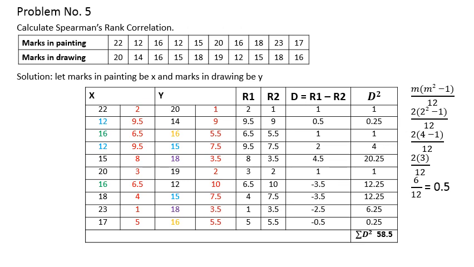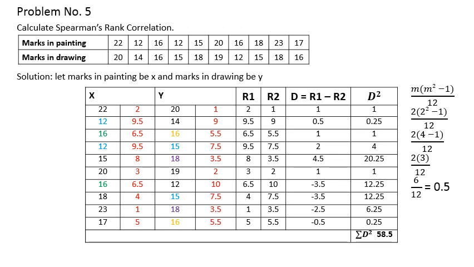First of all you have to define: let marks in painting be x and marks in drawing be y. Then you note down the variables x and y. After that you highlight the values which are repeated, shown here in different colors.